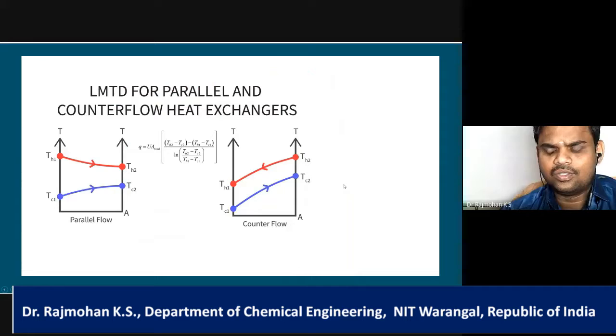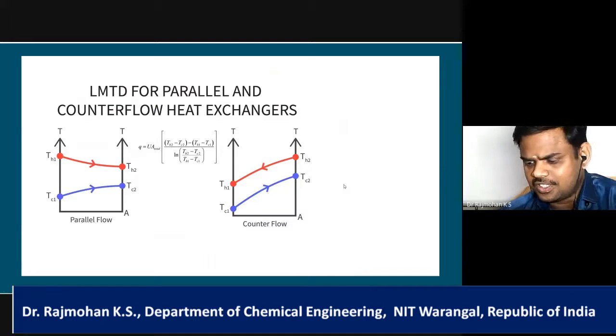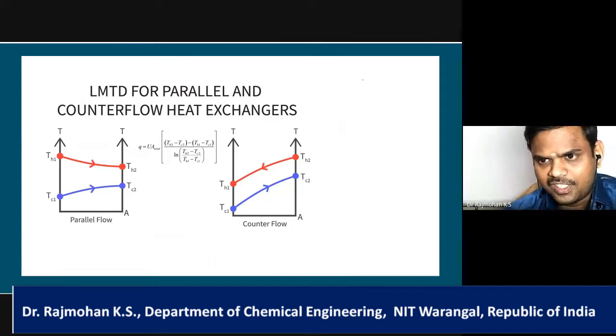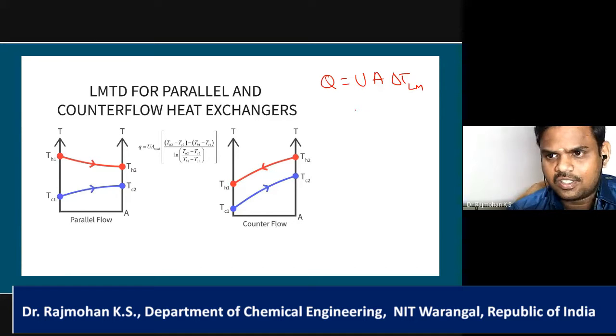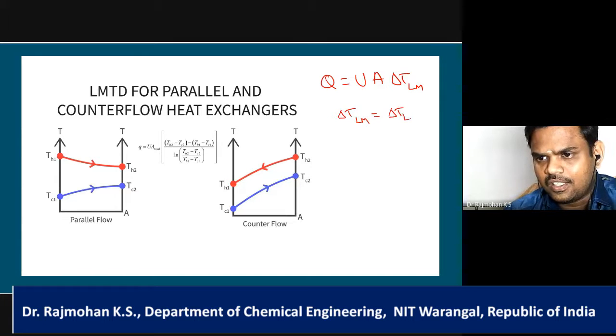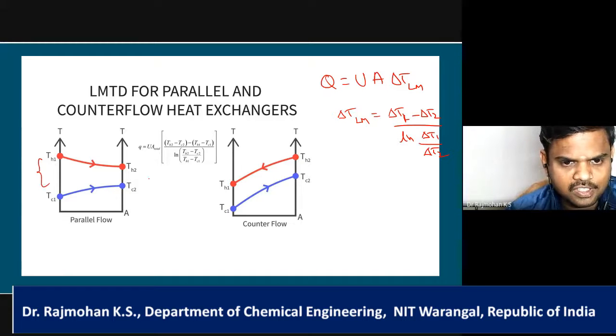Okay, and also in these crystallizers, I told you that we will be using Q equal to U A delta T logarithmic mean if heat exchangers are used. So what is delta T LM? I told you in the previous lecture also. Delta T logarithmic mean is equal to delta T1 minus delta T2 by ln of delta T1 by delta T2, where delta T1 is this condition.